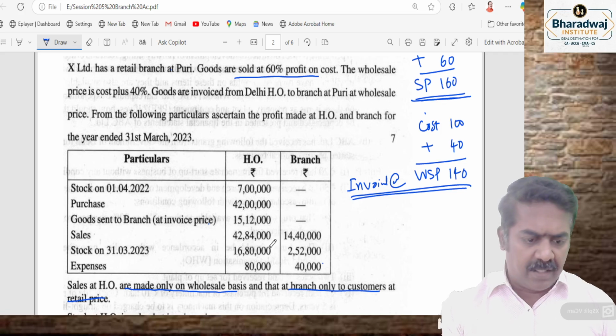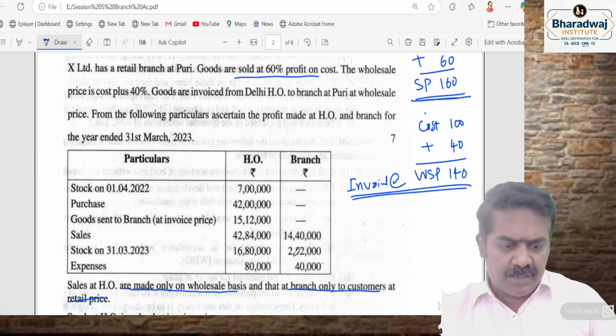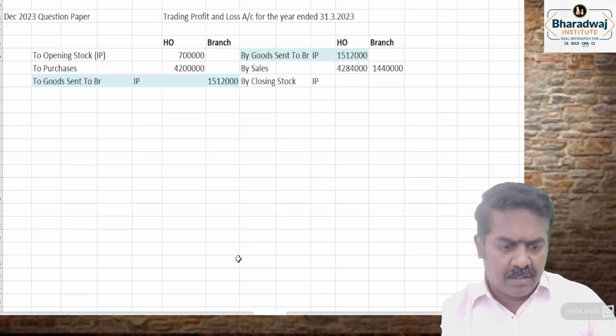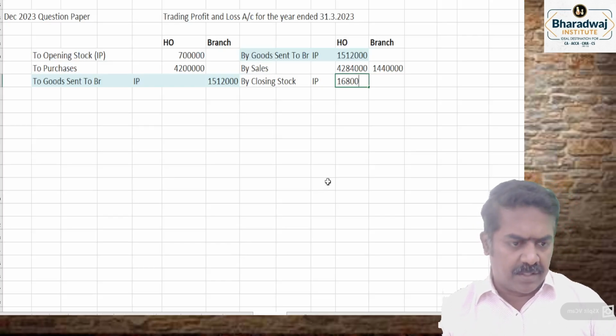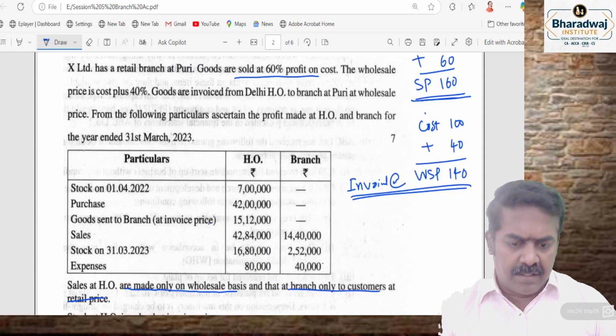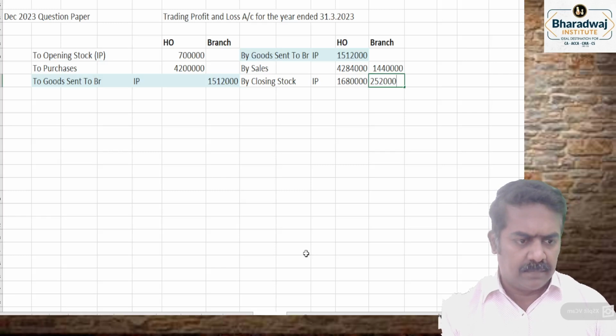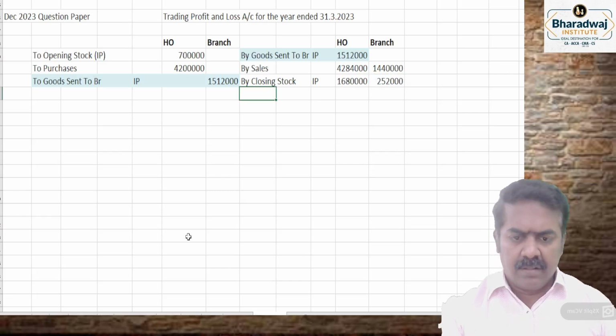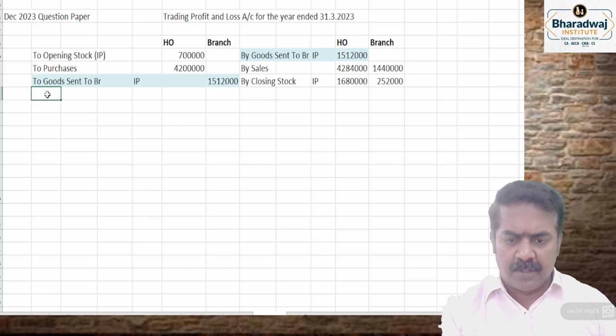How much? 16,80,000. And the branch is 2,52,000. When you tally this, you will get gross profit as the balancing figure. Please take it up.